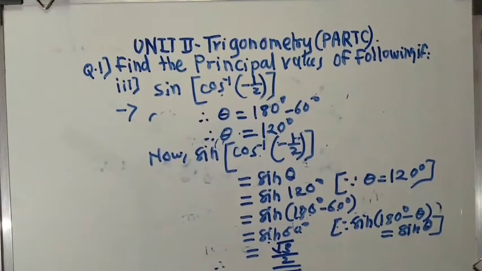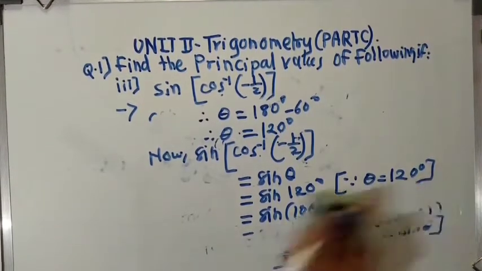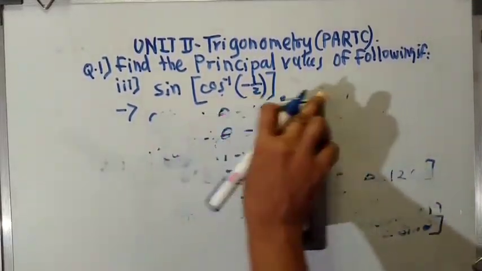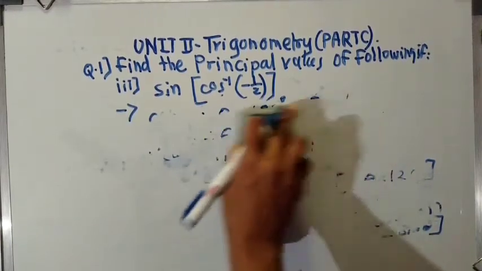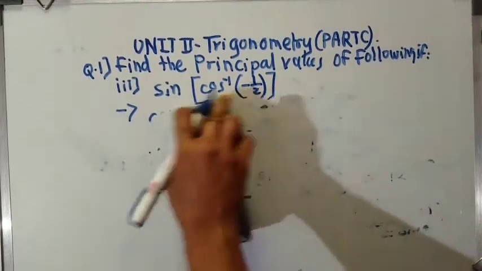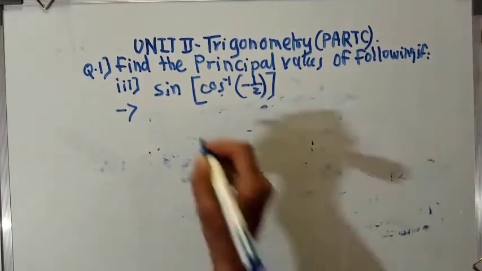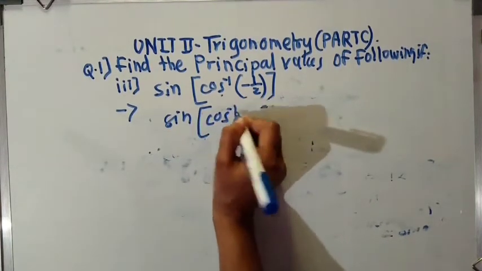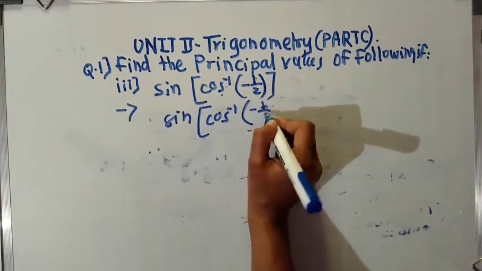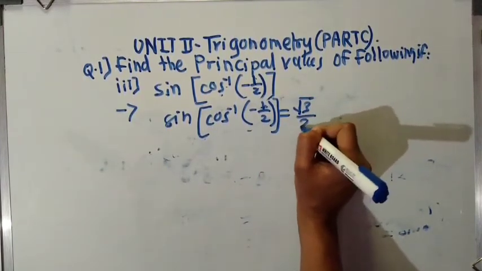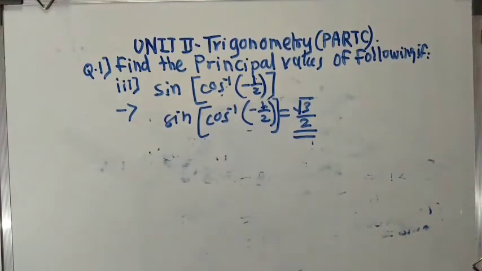Root 3 upon 2 is the answer. Hence, lastly we write sine of cos inverse of minus 1 by 2 is equal to root 3 upon 2.